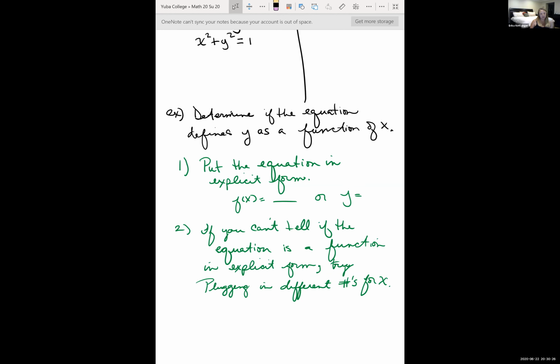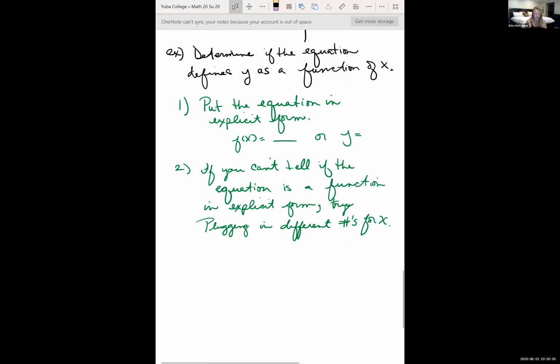And if you can show just one example, then you can say it's a function or not. So let's look at the following, and determine if it is a function or not.